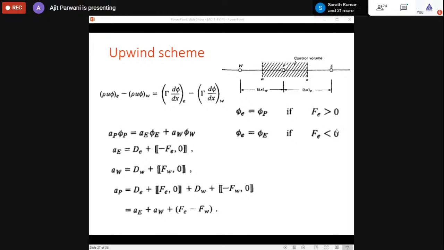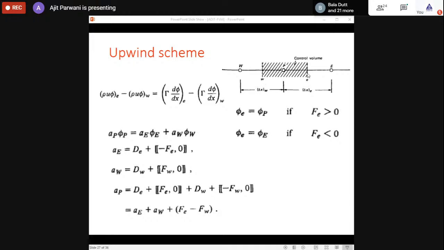Suppose F is less than 0. It means that the velocity is in the opposite direction. If it is in this direction, then the upwind variable at this point is this one, because the velocity is in this direction. If F is greater than 0, then I will choose phi equal to phi W. So according to the upwind scheme, depending upon the direction of the velocity, I will choose the value of the variable at the control surface.